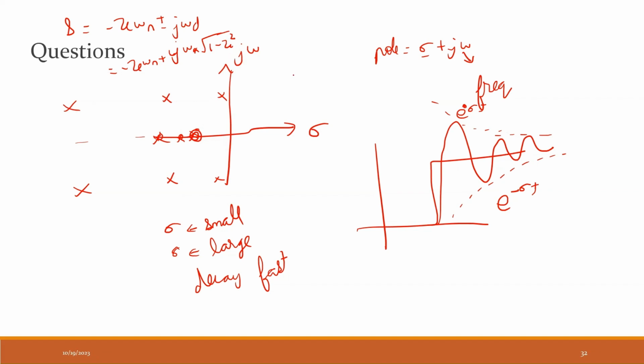This was a second order system. This angle theta is given by the imaginary part upon the real part, so that will be square root of 1 minus zeta square upon zeta.